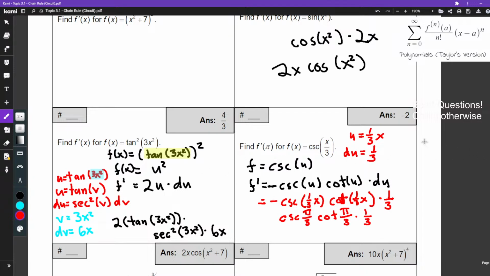Well, cosecant, pi over 3 is a 60-degree angle, so the across is √3. The bottom is 1, and the top is 2.